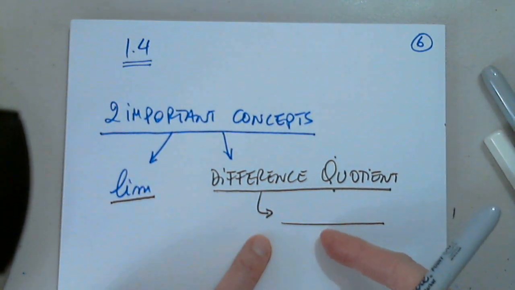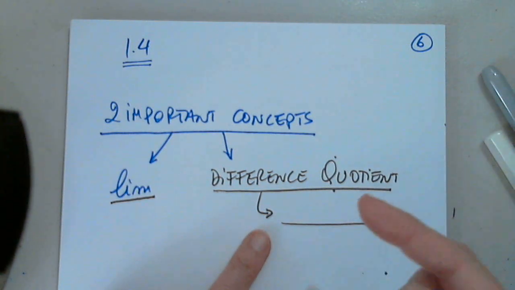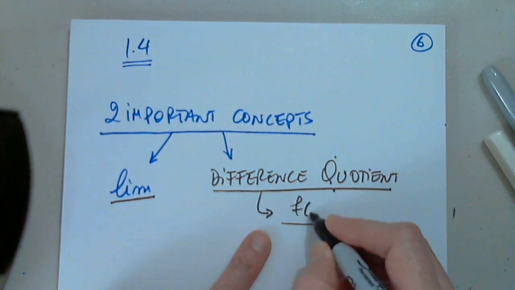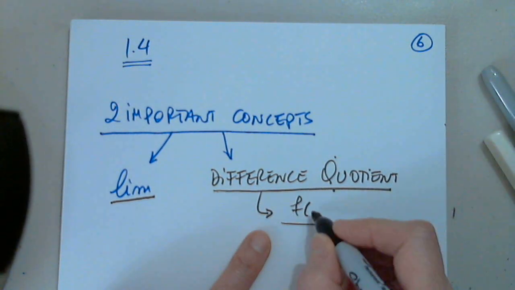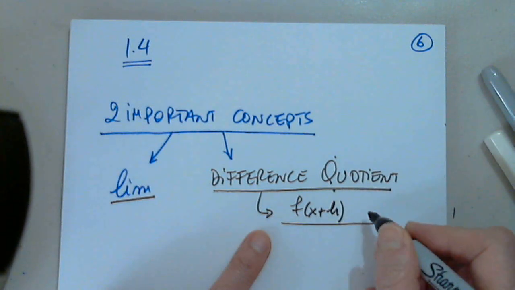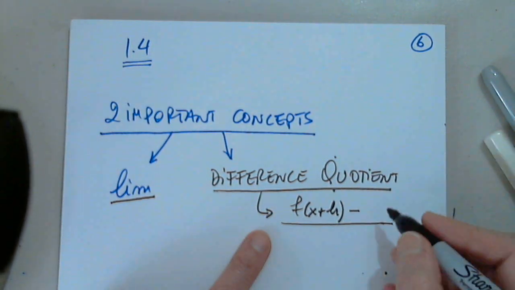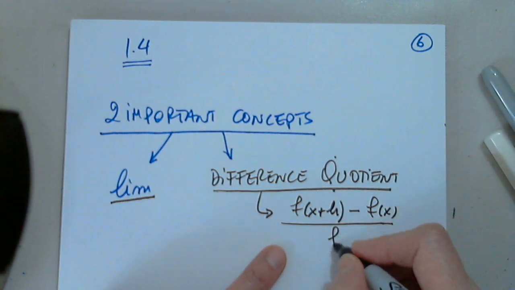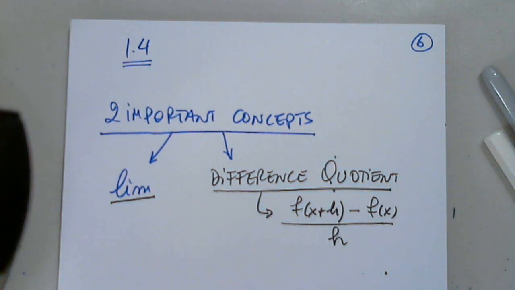That's how we developed it together. Anyone? F of x plus h, very good, minus f of x over? Brilliant, that's it. Thank you very much.